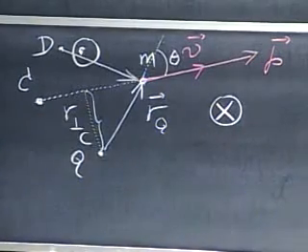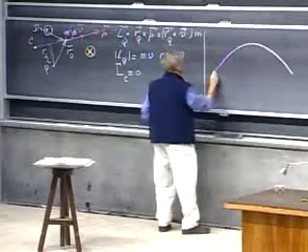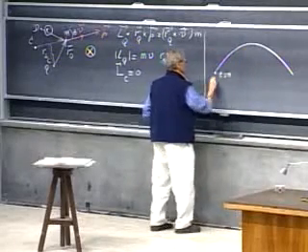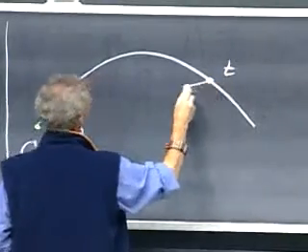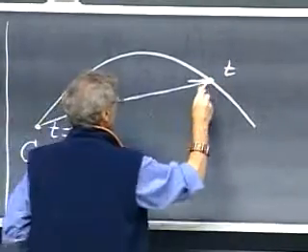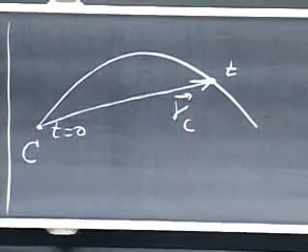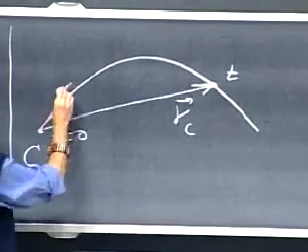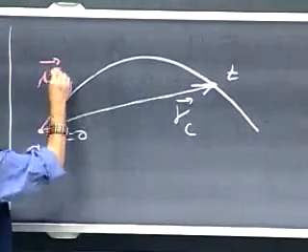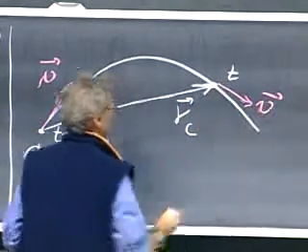Suppose I throw up an object, 26-100, and at time t equals 0, the object is here, and at time t, the object is there. So this then is the position vector at time t. The object starts off with a certain velocity, v, and a little later here, say, the velocity is like so.